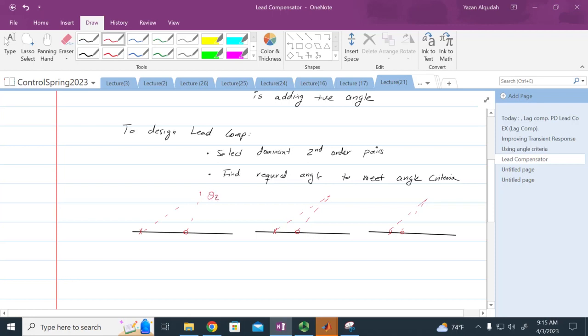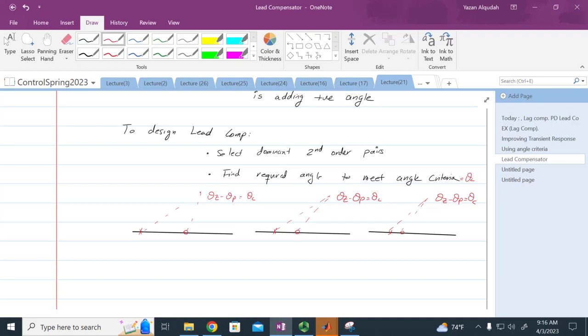So all of this, theta z minus theta p equals theta critical. So this is what I need to be operating at that point. I need a pole and 0 such that the difference between them is theta critical. Is that clear? Semi-clear. We'll do an example next class.